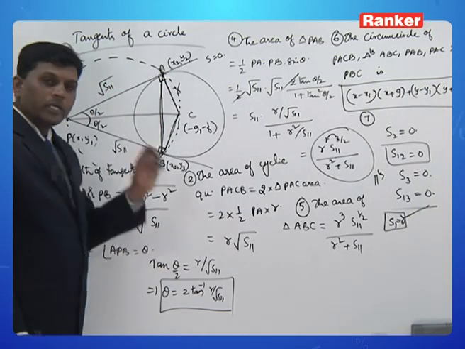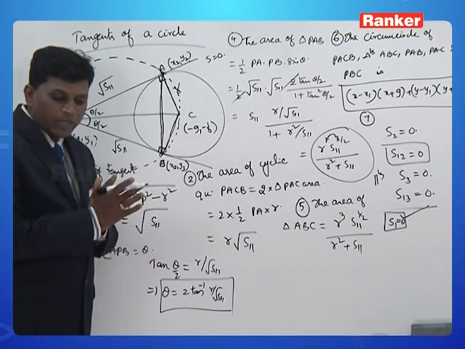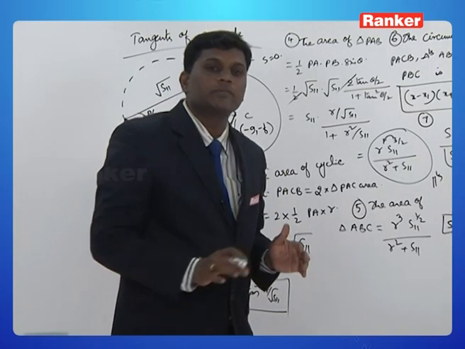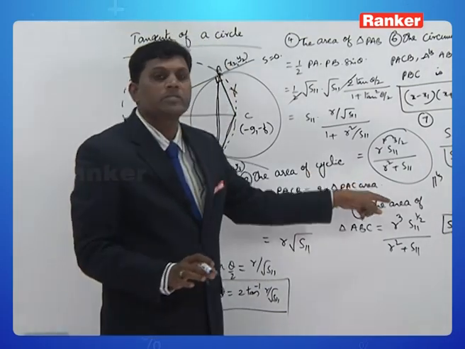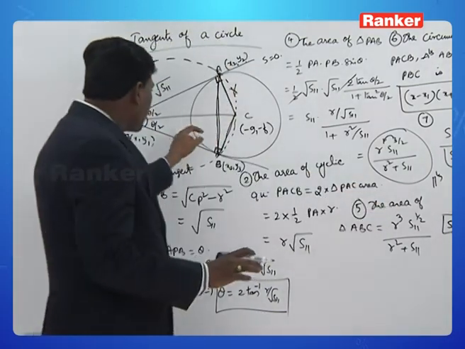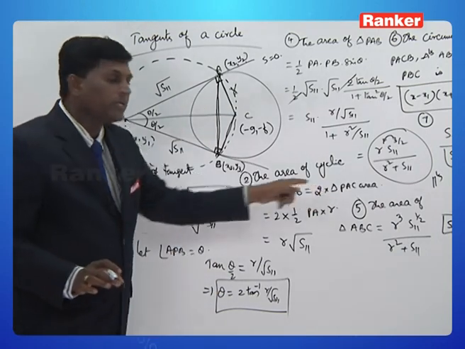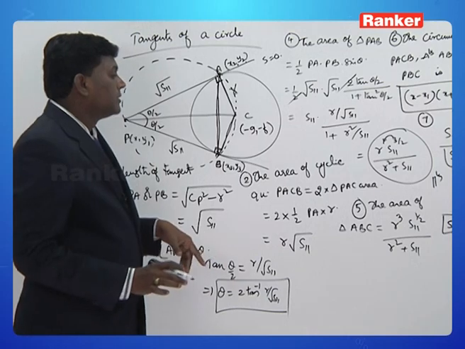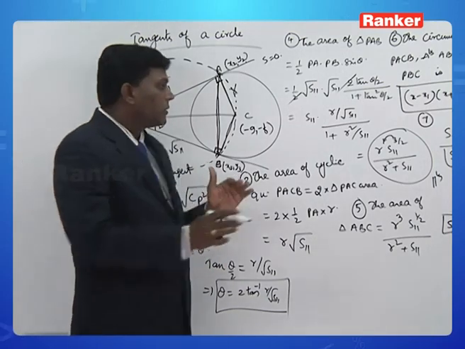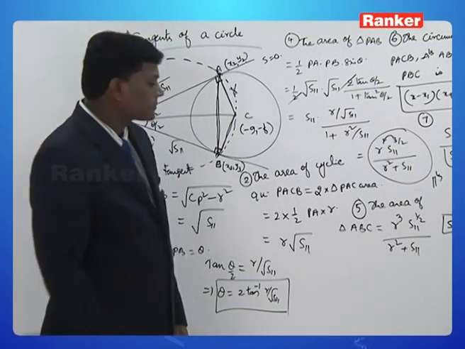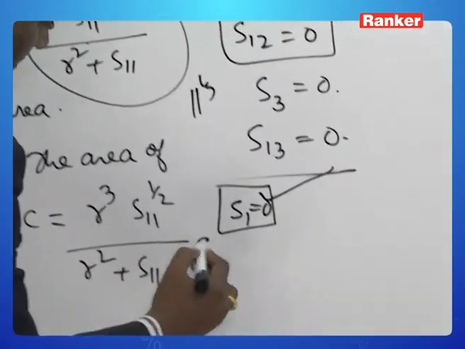So S1 equal to 0 represents not tangent always. If the point is lying on the circumference, that equation represents tangent. If the same point is lying external, that line has become its chord of contact. Is it clear now? Now coming to the last point in this diagram, we have point number 8.